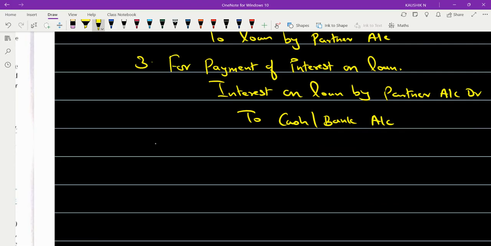And finally, we need to close this interest on loan by partner to an account called P&L account.